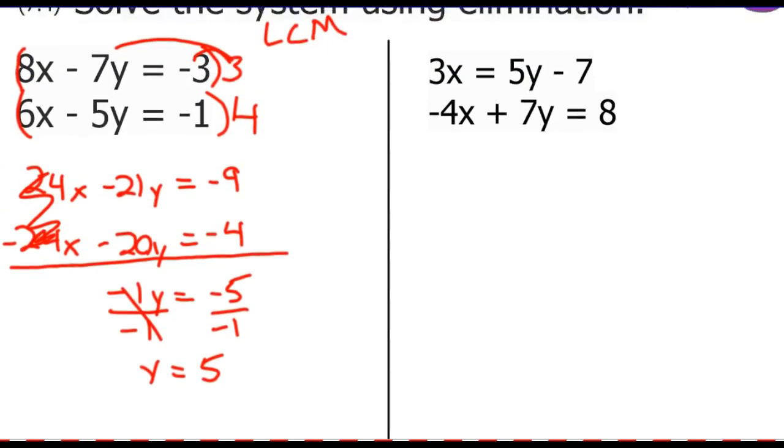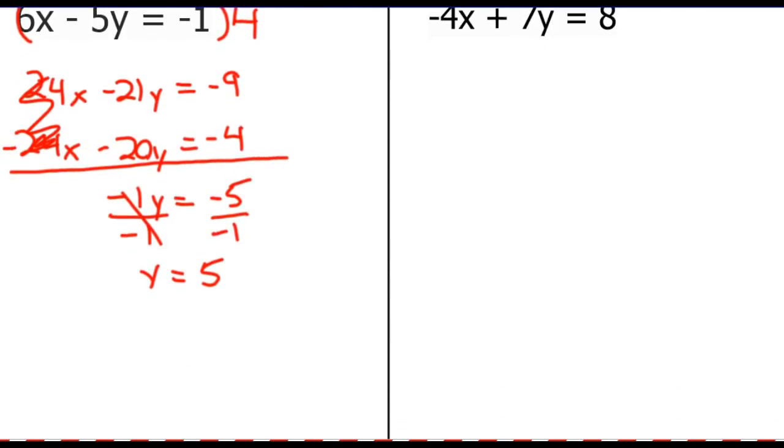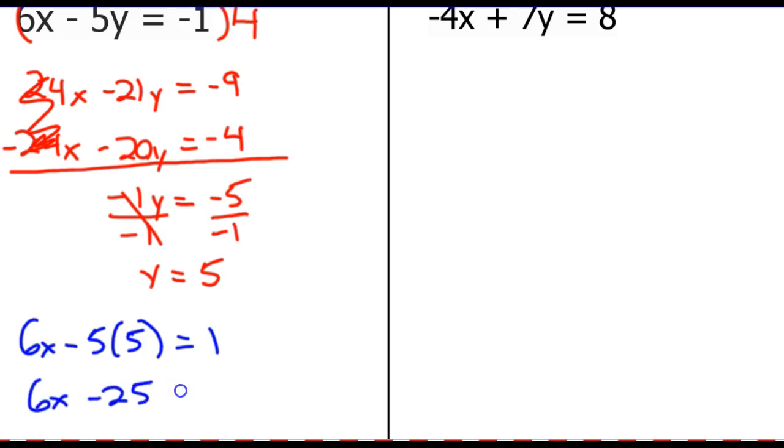Then we put that 5 back into one of our equations. So 6x minus 5 times 5 equals a negative 1. So 6x minus 25 equals negative 1, sorry.